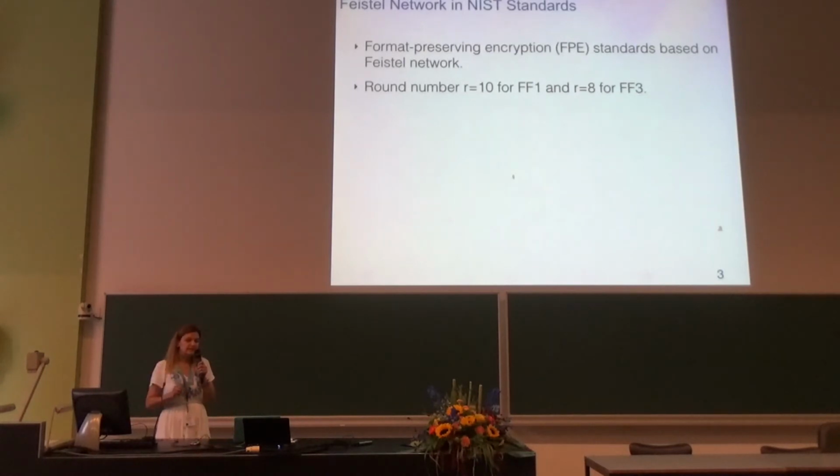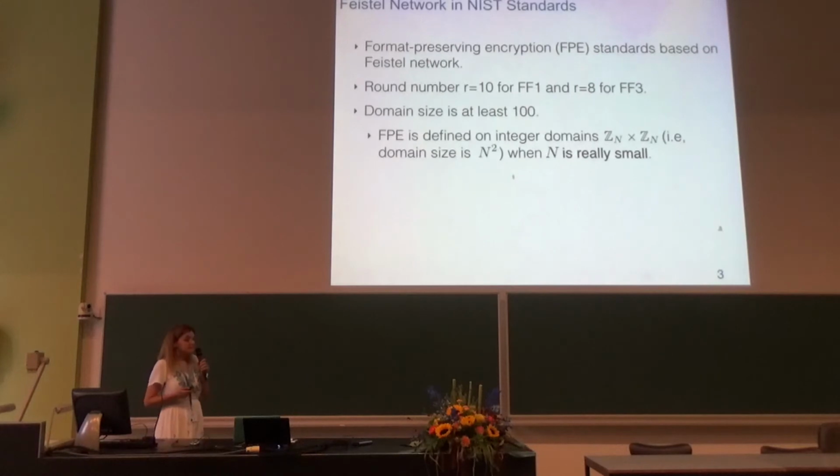But basically we can think of FF1 and FF3 as Feistel networks, to be simple. What is important here in this standard is that the domain size is really small. When we define the FPE in the integer domain as n squared, which means that the domain size is n squared, we want to be able to use this primitive on really small domains.